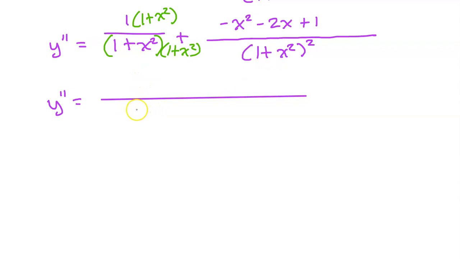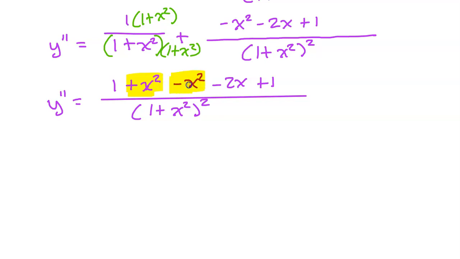So now I have my common denominator of 1 plus x squared squared, and I'm going to put the 2 numerators together. So from the left-hand side, I have 1 plus x squared, and then from the right-hand side, I have minus x squared minus 2x plus 1. I see like terms here and here. These will cancel out.